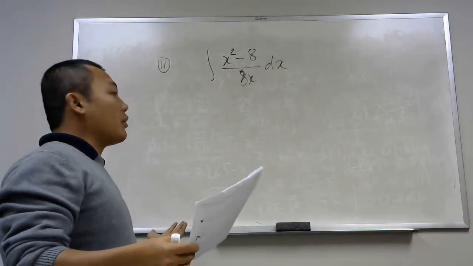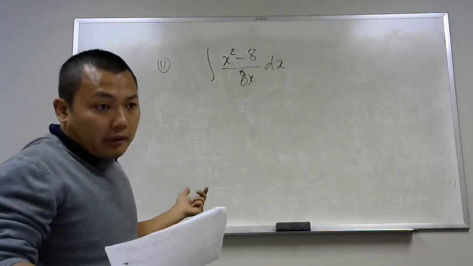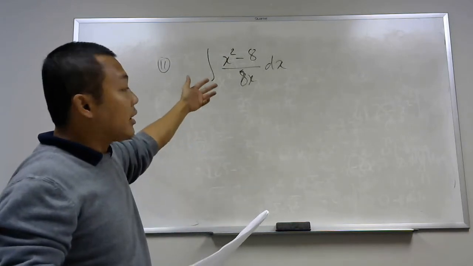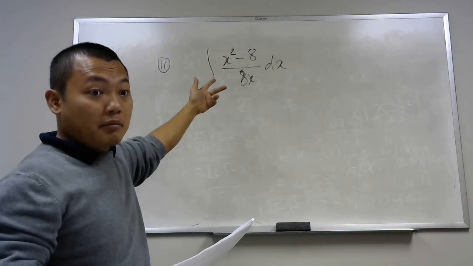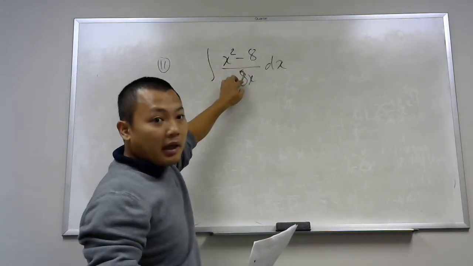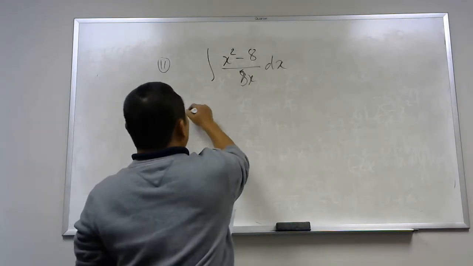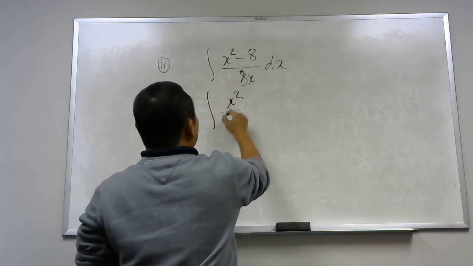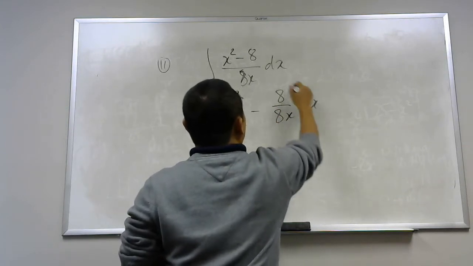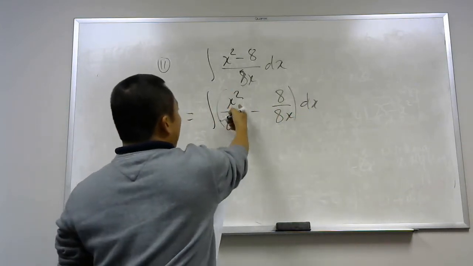But we only know how to take integrals of power functions. So probably we can convert those functions into powers. I divide x squared by ax and 8 by ax, and I have the following: integral of x squared over ax minus 8 over ax dx. You see? And what is this?